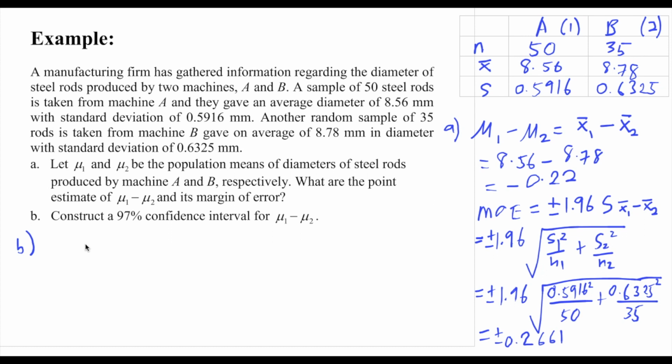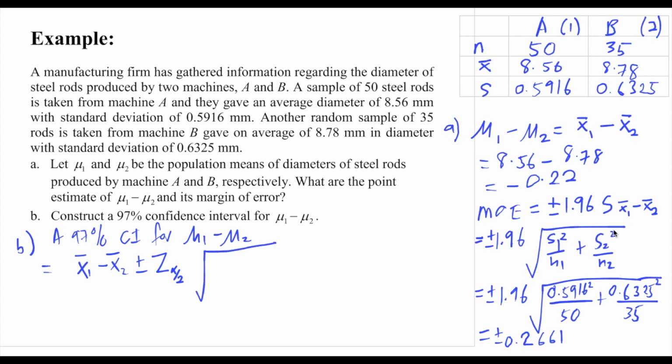Okay, on to question B. Construct a 97% confidence interval for mu1 minus mu2. So a 97% confidence interval for mu1 minus mu2 is equal to x bar 1 minus x bar 2 plus minus z, the critical value, and square root of s1 square over n1 plus s2 square over n2.